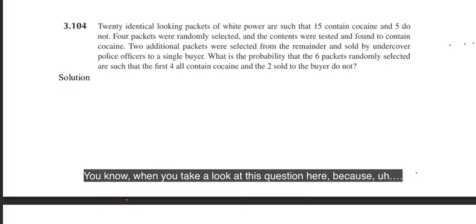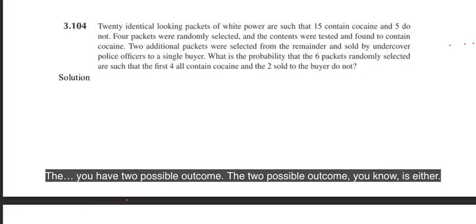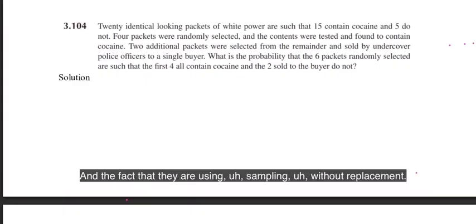When you take a look at this question, you have two possible outcomes: either the packet that was tested contains cocaine or it does not. And given that they are using sampling without replacement, your mind should go towards the hypergeometric distribution.